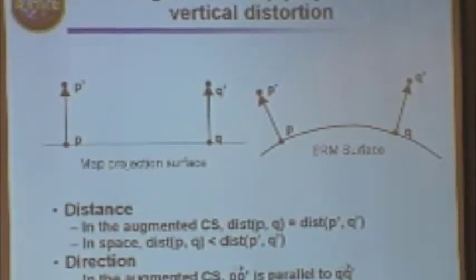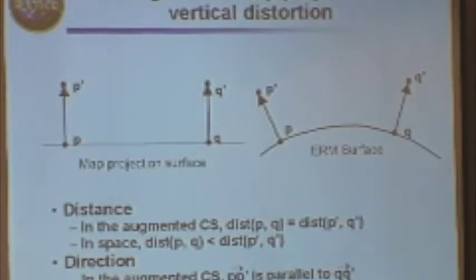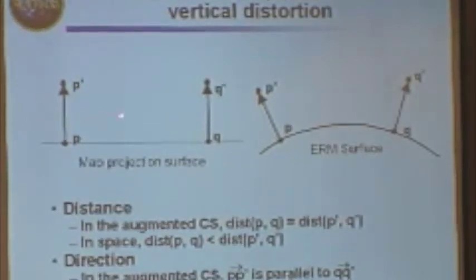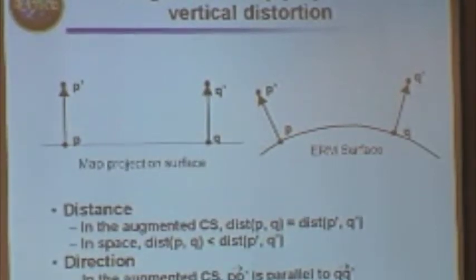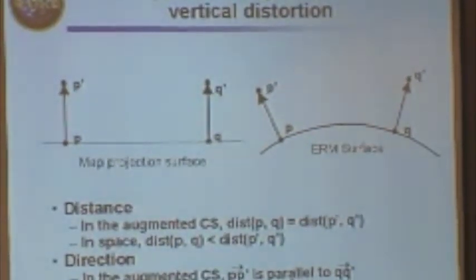All of a sudden, they're parallel. If you're on the left and you're going with the inverse conversion, lines that were parallel in the augmented projection space are not parallel over in the non-distorting space. By the way, this is a geometrically distorting space, and this is a geometrically preserving space. And so distances are messed up, directions are wrong.